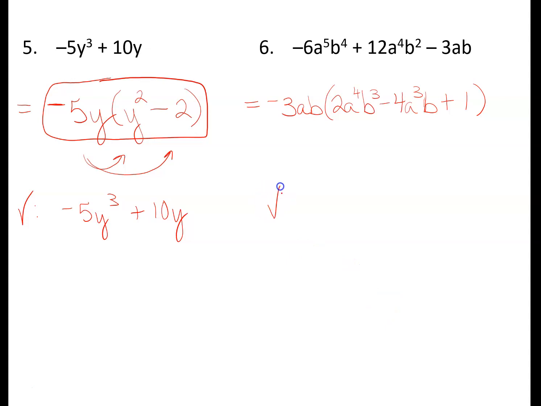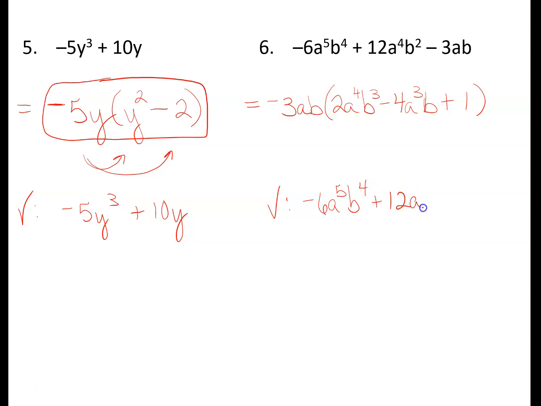All right, so here's our check. Negative 3 times 2 is negative 6. A times a to the 4th would be a to the 5th. And b times b cubed is b to the 4th. So far so good. That's the same as the first term up here. Second, negative 3 times negative 4 is positive 12.